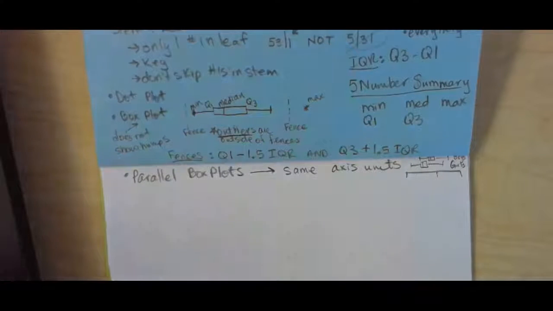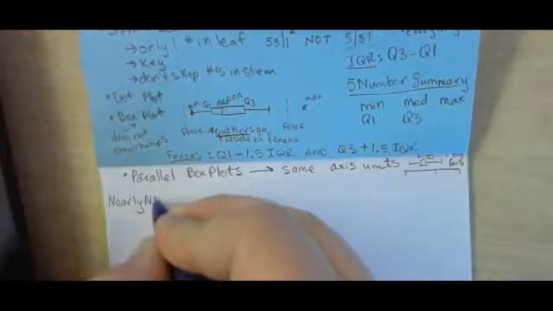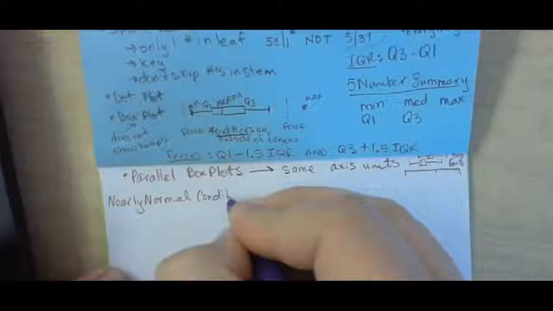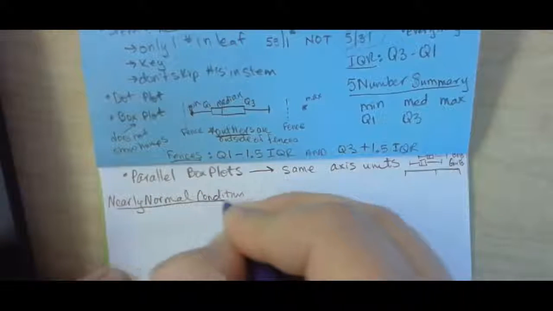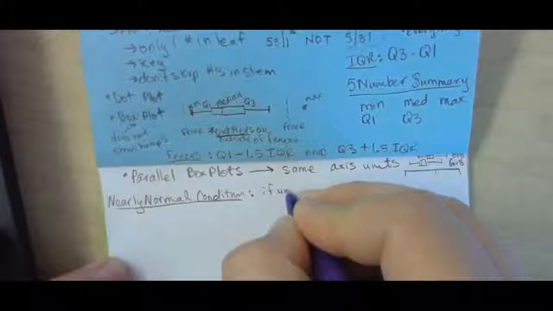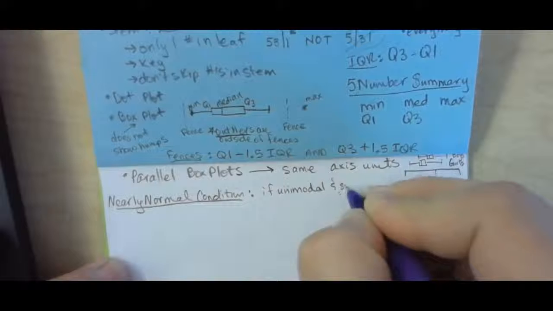All right, one other thing before we get to a big part of what quantitative data is, the next one we need to talk about is the nearly normal condition. It was a little confusing when we first were learning this, but we've done nearly normal so much now that you might remember and understand this better. And that's if things are unimodal and symmetric.